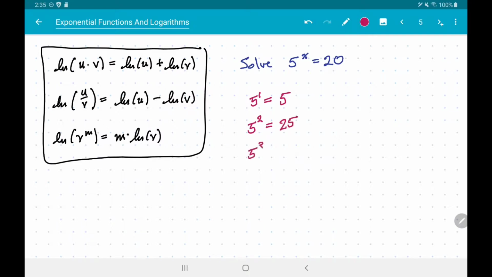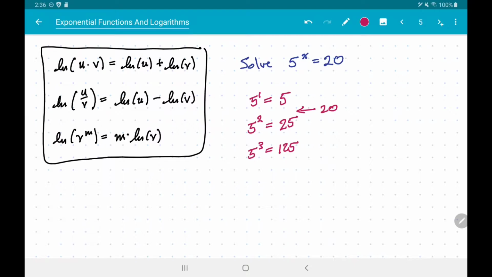And then 5 to the 3 is 125. So 20 is right in there, which means that we ought to be able to find a number somewhere between 1 and 2 such that 5 to that number equals 20. It's probably going to be closer to 2 because 20 is closer to 25 than it is to 5.